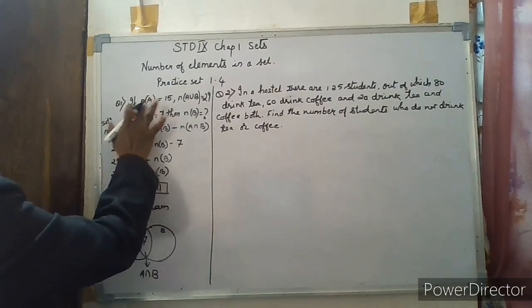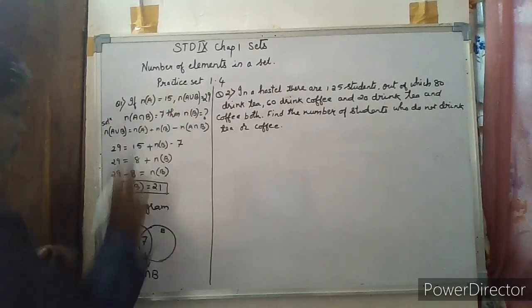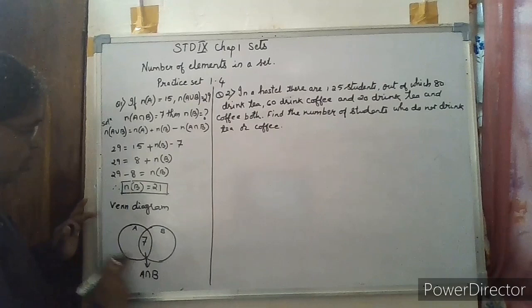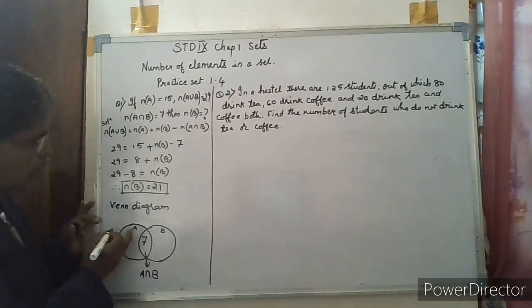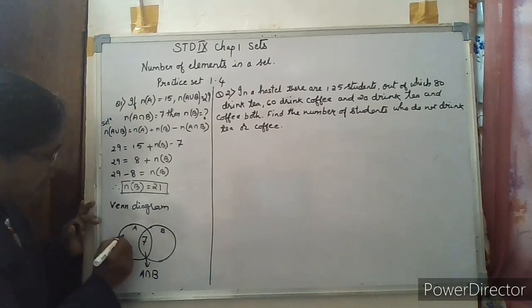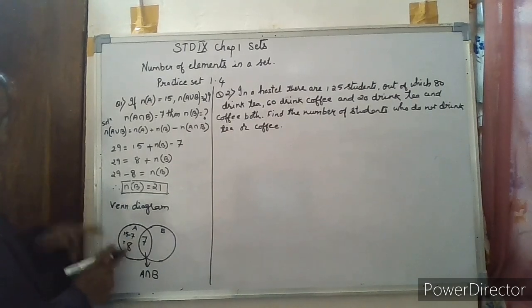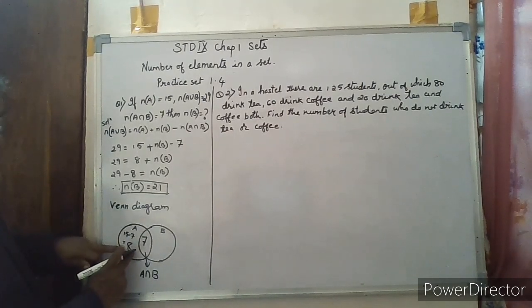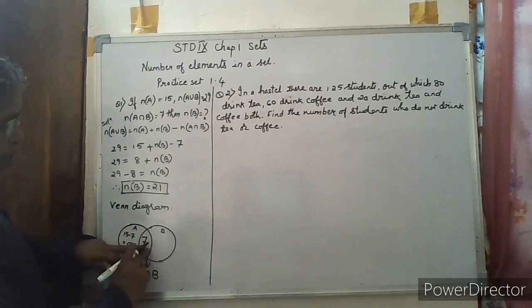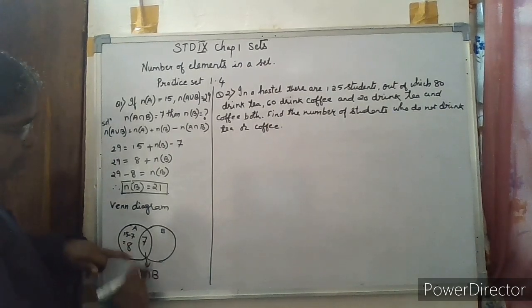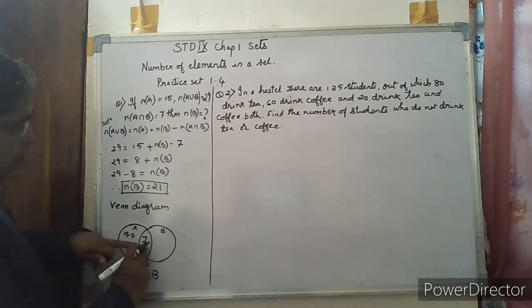Now, the number of elements of set A is 15, meaning together it is 15. So, 15 minus 7 is equal to this part. That is 15 minus 7 equals 8. This part contains 8 elements. This is A intersection B, the number of elements of A intersection B is 7.